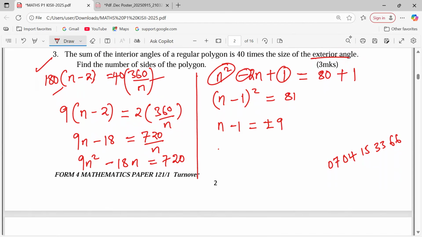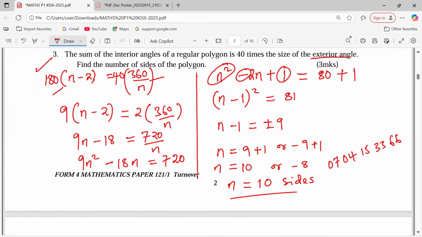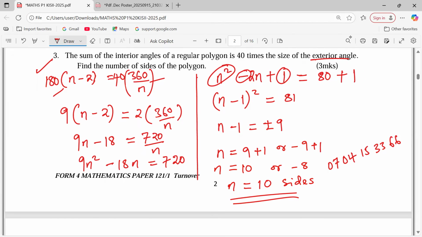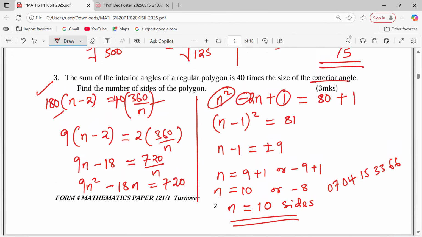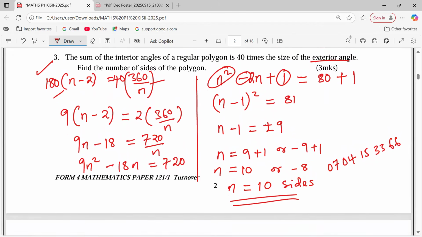Then we can find n as equal to 9 plus 1 or negative 9 plus 1, giving us 10 or negative 8. Now that we are dealing with the number of sides, we pick the positive value of n. We cannot have a negative number of sides. That is the exact value of n, the number of sides of the polygon.